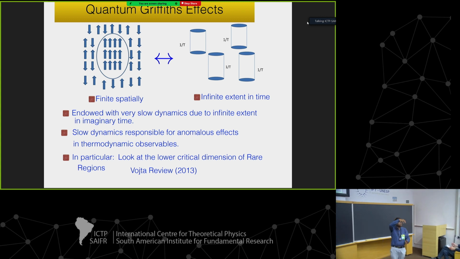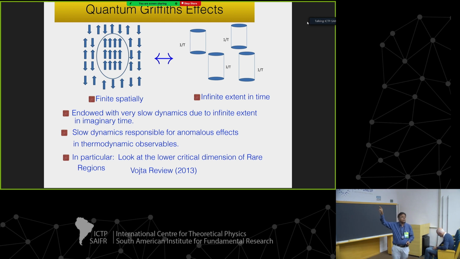So if one of these rare regions orders, then it orders and does whatever it does by itself. Then at some other place something else orders, and at some other point something else orders, and then you should get a loss of homogeneous order and a smearing of the transition. So the crucial input parameter here is the dimensionality of the rare region, and how it compares to the lower critical dimension of the system. That's going to be important.